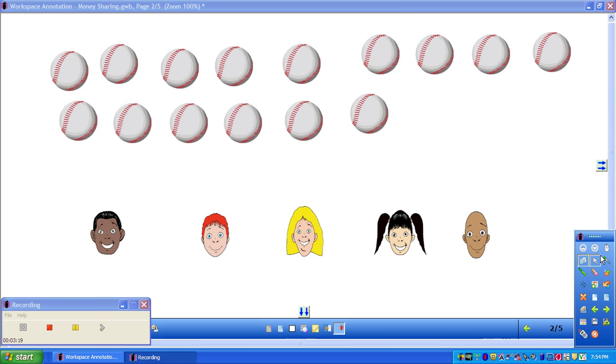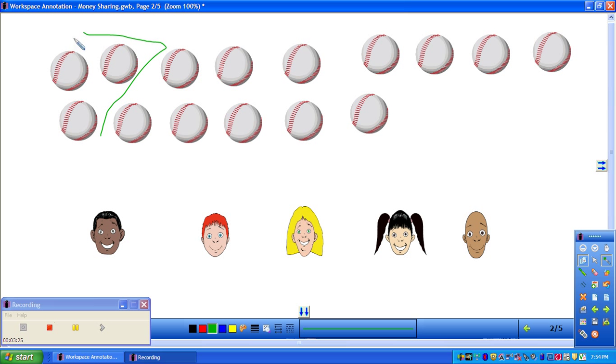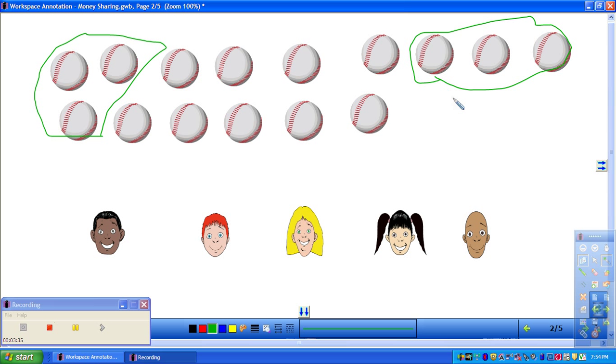We could just circle 3 baseballs for each person. So 3 for that person, and then 3 for the next person, and it would show that each person would receive 3, or it would be 5 groups of 3. Let's move forward and look at the next slide.